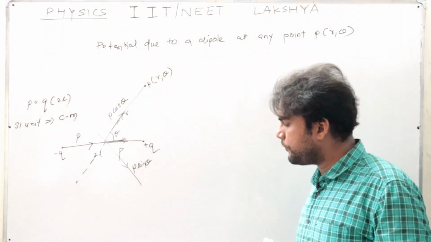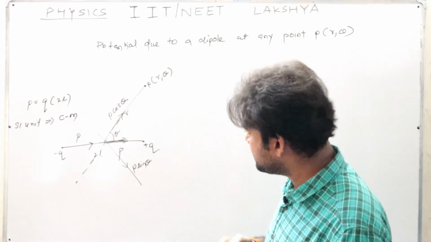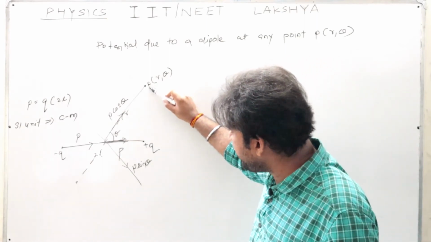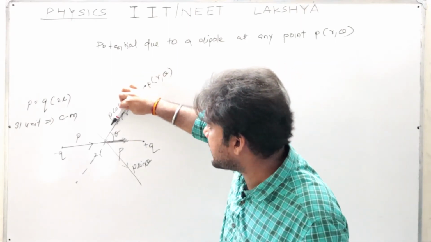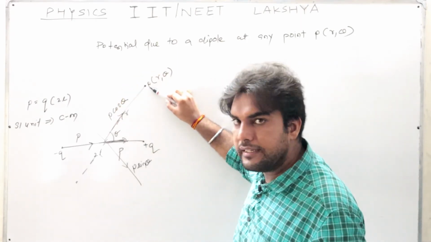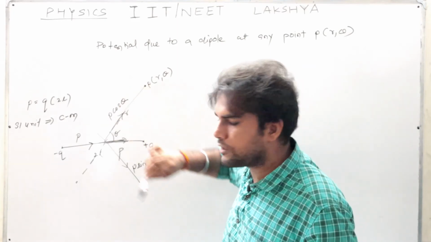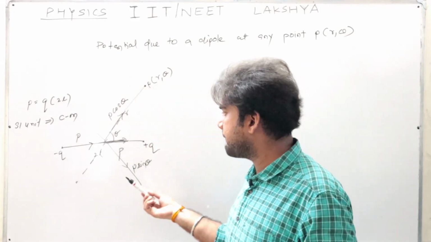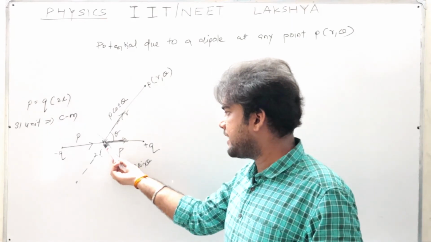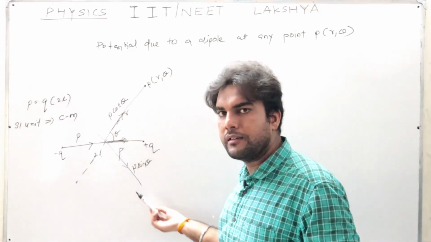So if you see carefully, the point P is lying on the axis of the P cos theta component, and the point P is lying on the equatorial position of the P sin theta component.